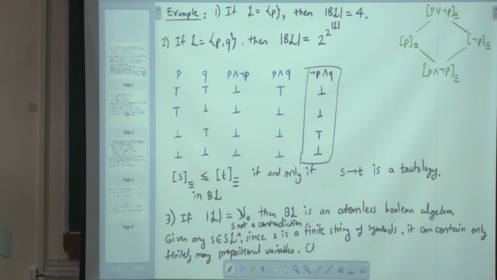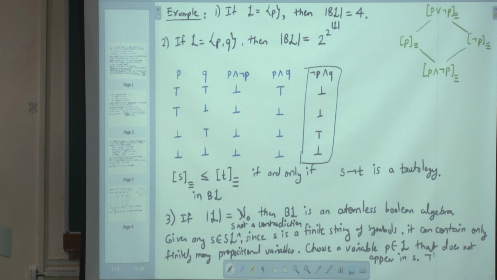So choose a variable P in L that does not appear in S. I can do that. There is a variable that does not appear in S because L is countably infinite. So I can always choose a new variable.